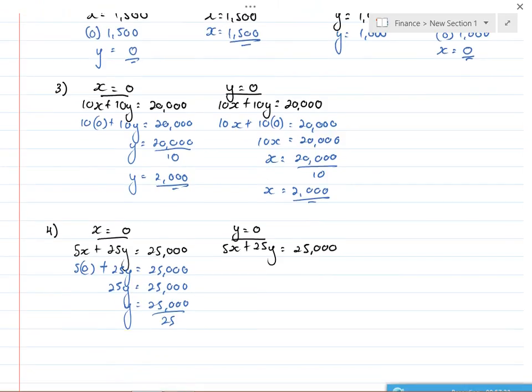How much is that? 1,000. Over here, 5x plus what? Substitute 0 inside 25,000. 5x equals to 25,000. X equals to 25,000 divide with 5. X equals to how much?